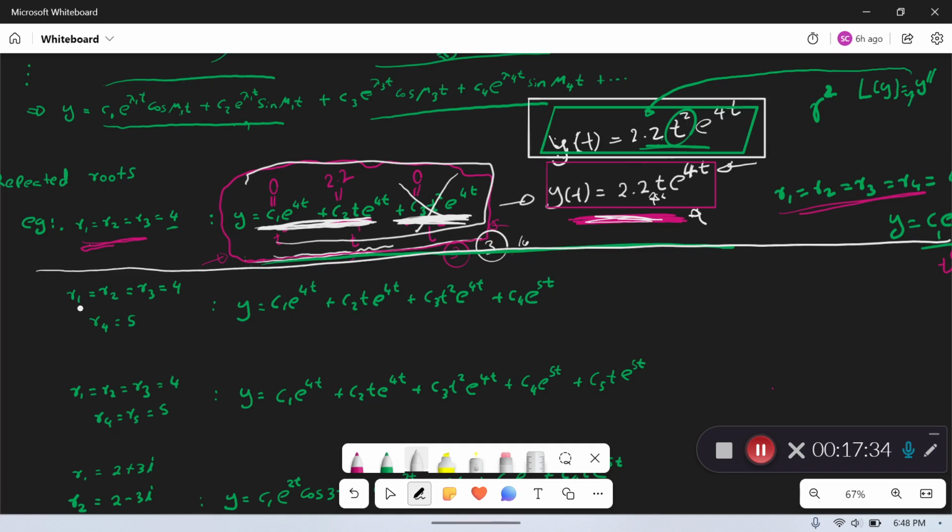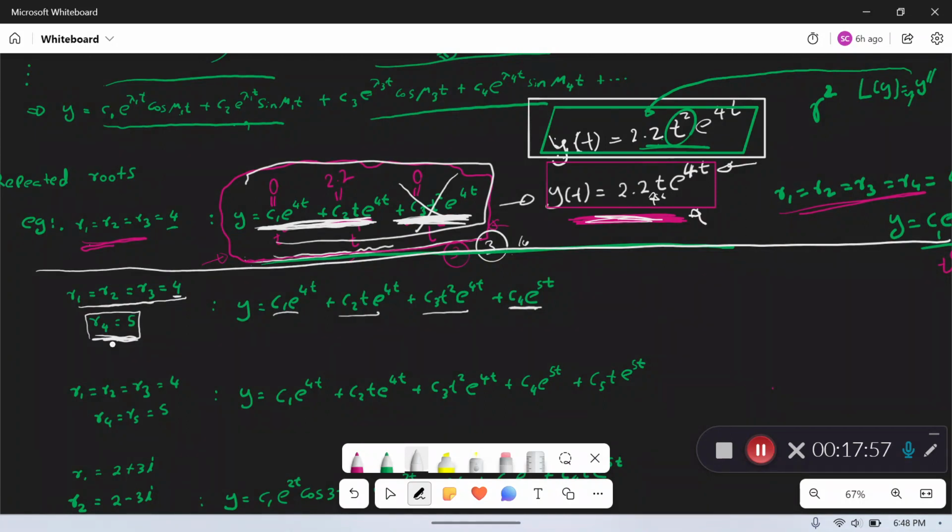So here we have three repeating roots of this degree, this value, and another root which is not repeating. In that case, these three terms correspond to the repeating numbers, and this alone goes with this single root.